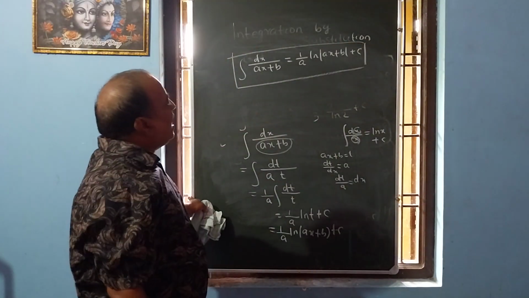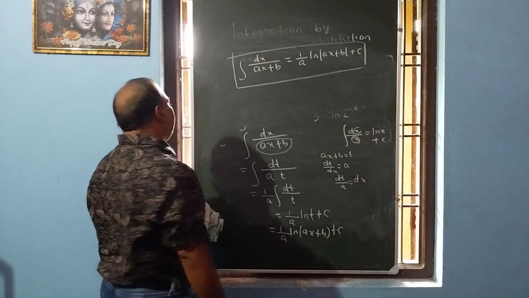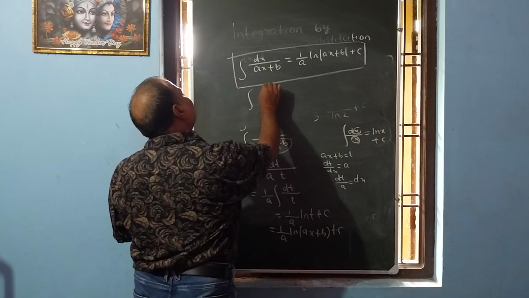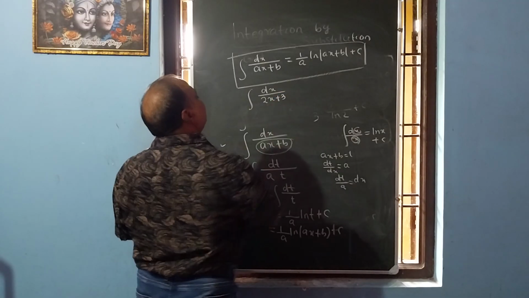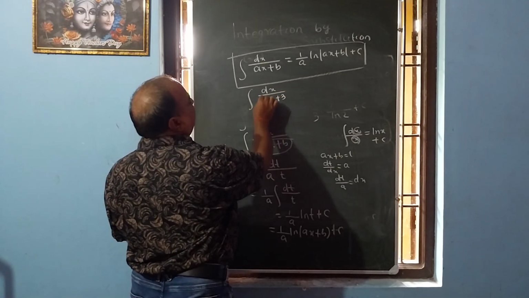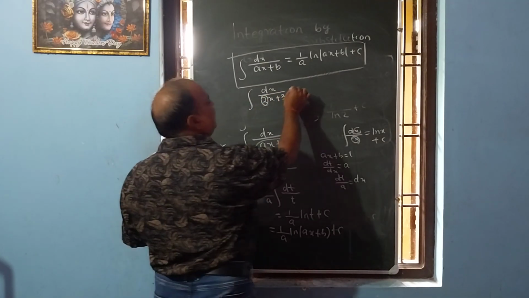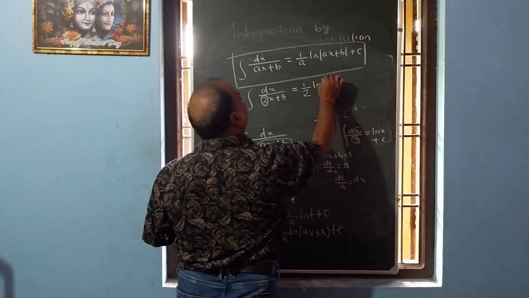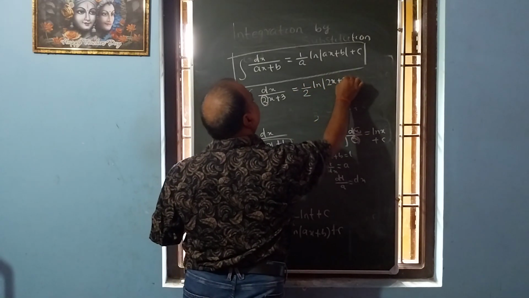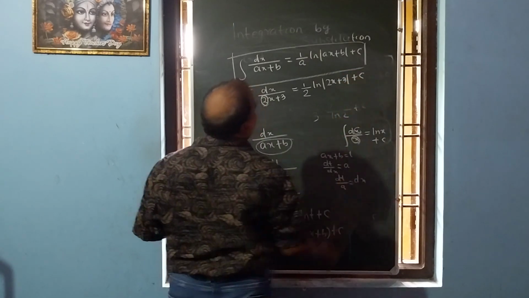So using this formula, we have to integrate some examples. Dx by 2x plus 3. Here you see the coefficient of x is 2, so that will be divided there: 1 by 2 ln 2x plus 3 plus c.